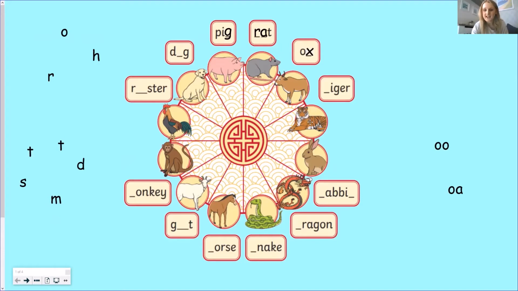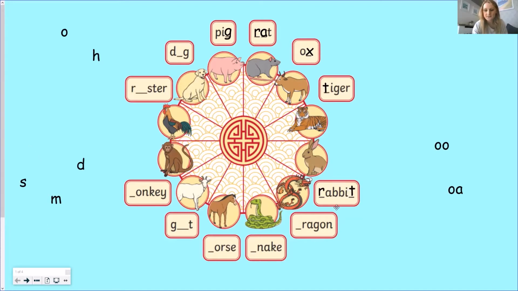Here we have a tiger. T, t, t for tiger. There we go. Oh, down here we have a rabbit. I need a r, a, b, i, t, rabbit.